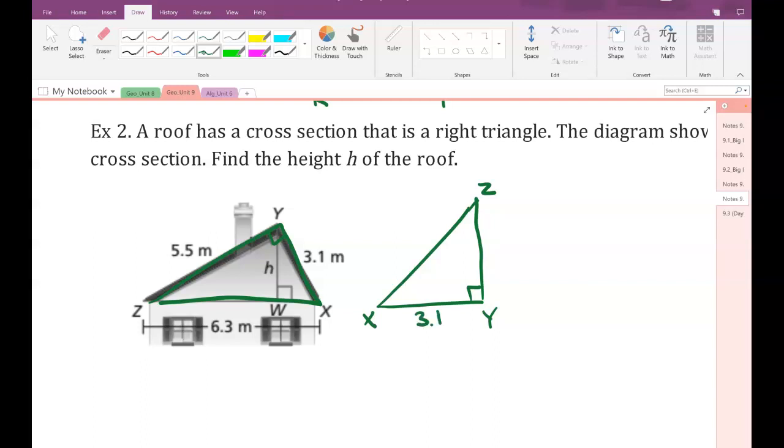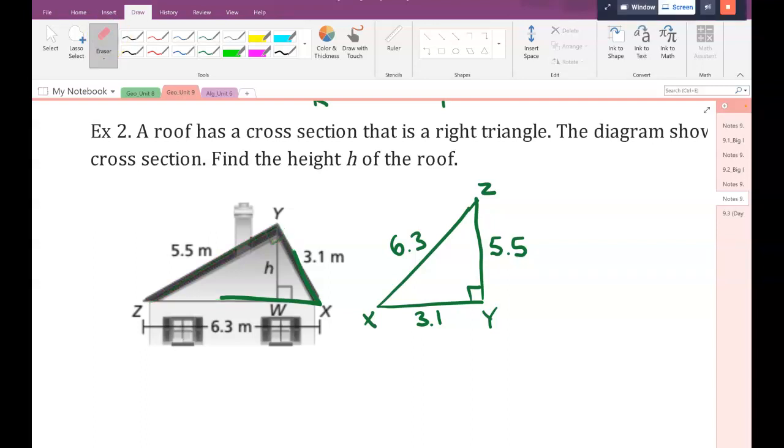The length of z to y is 5.5. The length of z to x is 6.3. So I'm just taking those right off of the diagram. We rotated this by, I don't know, 90 degrees, so it's sitting flat. All right, so that's one of our triangles.